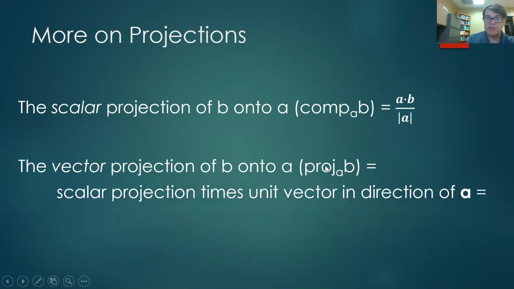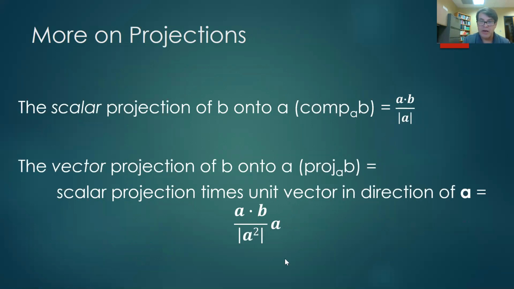Now, the vector projection is the scalar projection times the unit vector, which unit vector ijk indicates direction. And so it's a unit vector, so it only has a magnitude of 1. So all you get when you multiply something by a unit vector is you're saying, let's take the direction into account. And so basically, you can see that it's the same as this, except we have put in the final vector to indicate the direction.